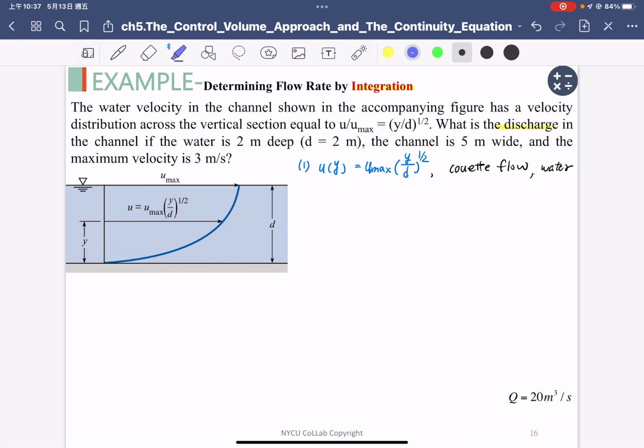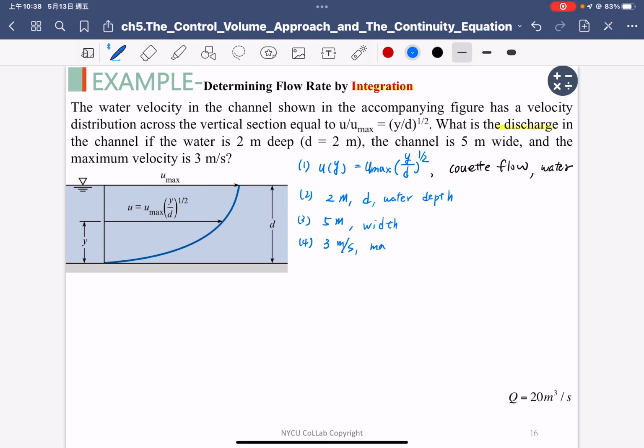If the water depth D is equal to 2 meters, and for this question we already know the width of the channel is 5 meters, and the maximum velocity is 3 meters per second.